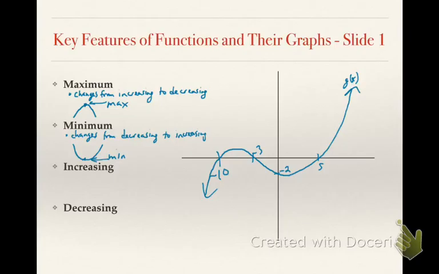The most common terms you're going to use are relative maximums and relative minimums. If you had an absolute maximum, there's only one of those, and that's the highest possible point on the function. So if you see a function like this, there's two maximums, but this one over here is the absolute max.